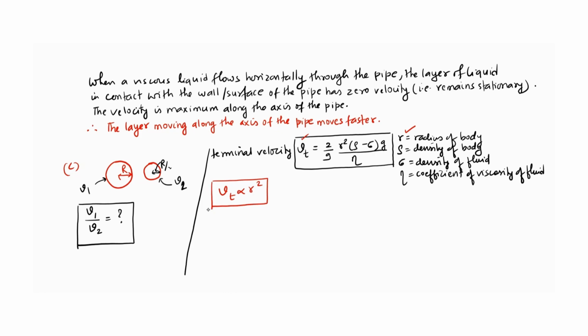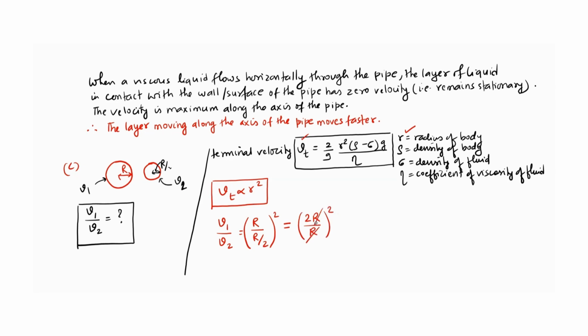Therefore V1 by V2 equals R by R/2, whole power 2, which is 2R by R whole power 2.